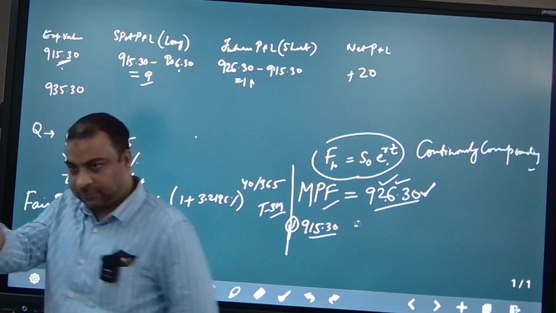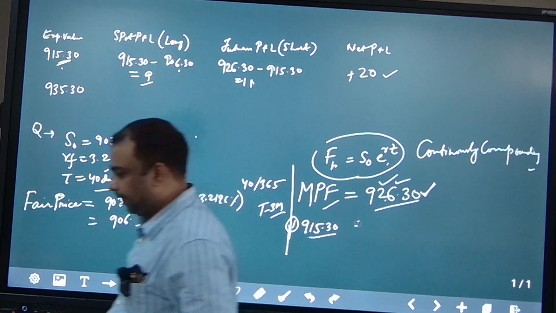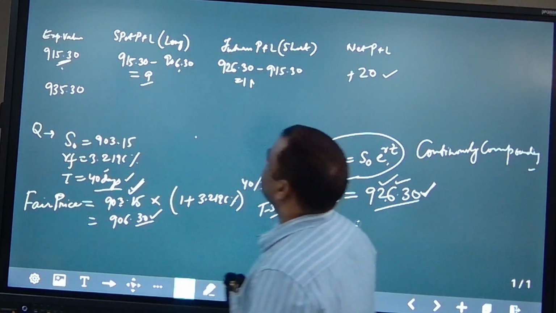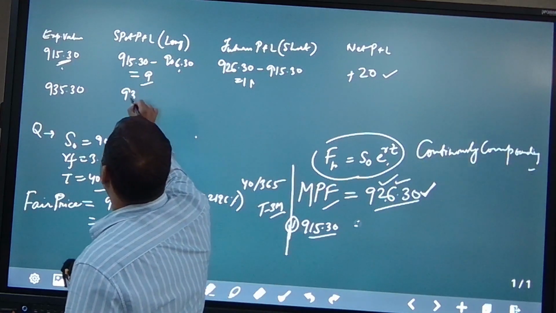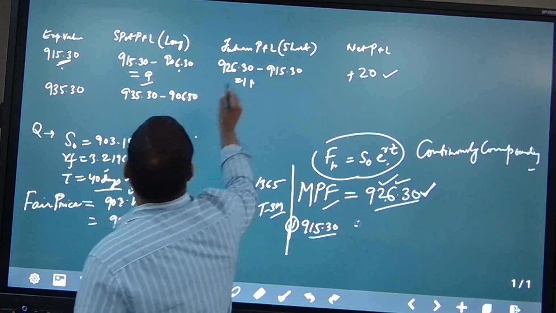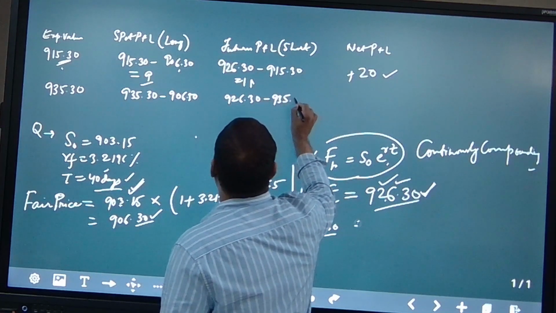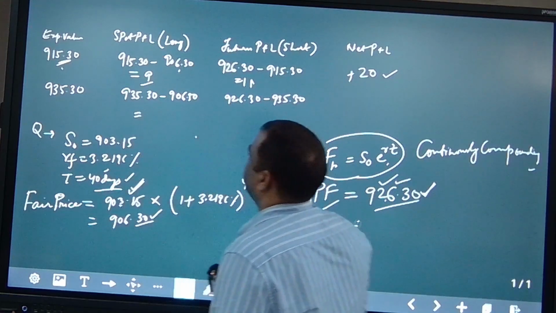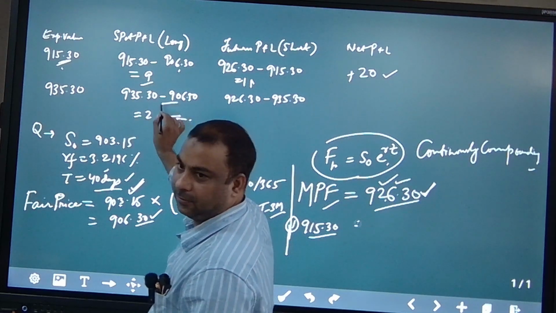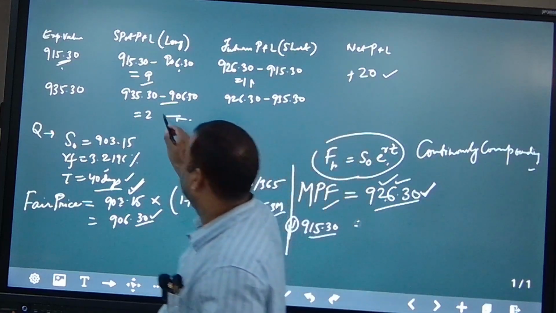take an example of 935.30. Now calculate again. Every time you will get more than this amount. क्या हो जाएगा? 935.30 माइनस 906.30. यहाँ पे अगेन 926.30 माइनस 935.30. क्या हो जाएगा ये? हाँ, ये कितना होगा? 20, 35. ये तो पॉइंट हो गया. 35 माइनस 6. ठीक है.